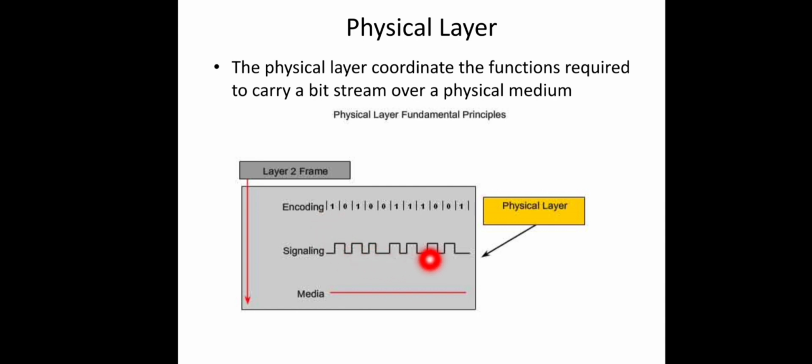Like that, the physical layer should convert these zeros and ones into appropriate signals. If you are using a fiber optic cable, light signals should be generated for each zero and one. If it's wireless media, we have to generate radio waves. So depending on the media, appropriate signals should be generated and transmitted over the media. That is the functionality of the physical layer.